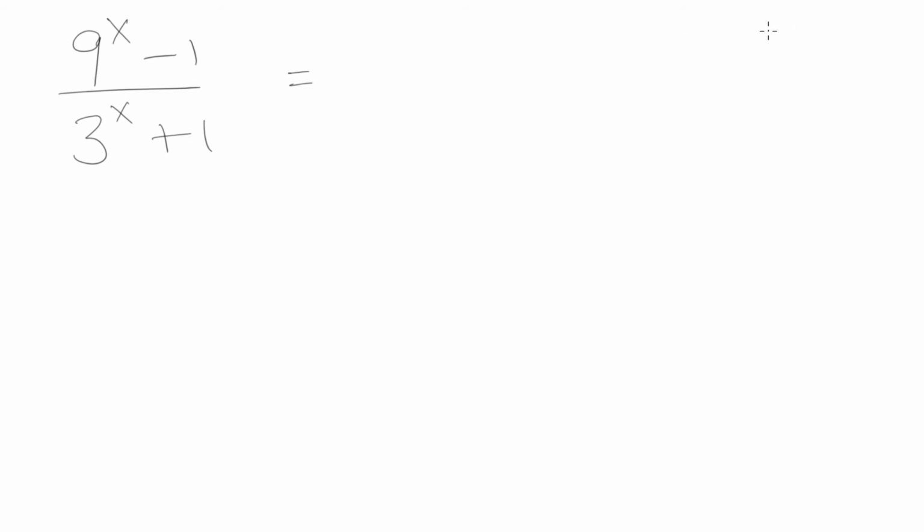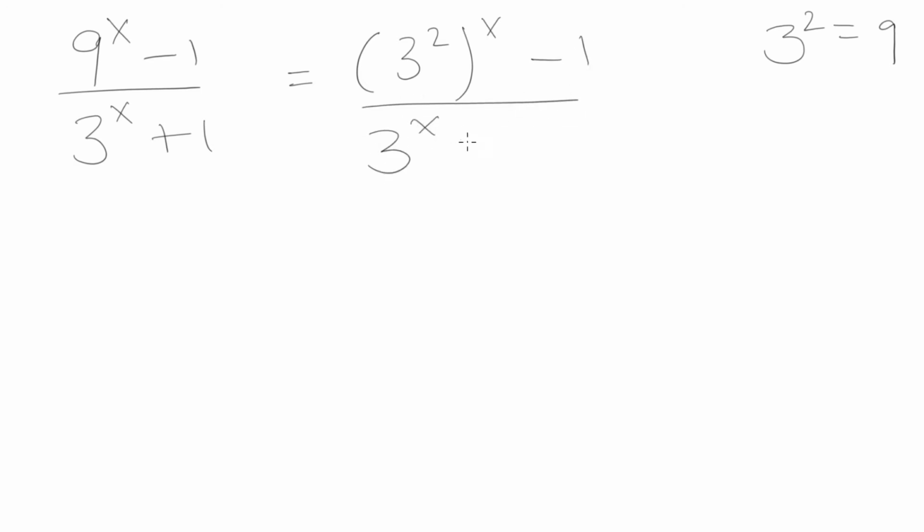And we know that 3 squared is equal to 9. So we can write down this 9 as 3 squared, and we're raising that to the power of x because we have 9 to the power of x minus 1 over 3 to the power of x plus 1.